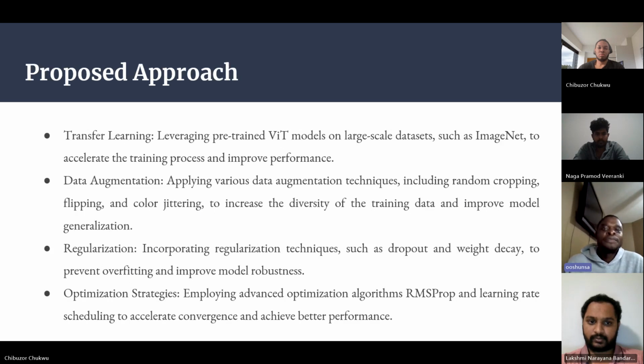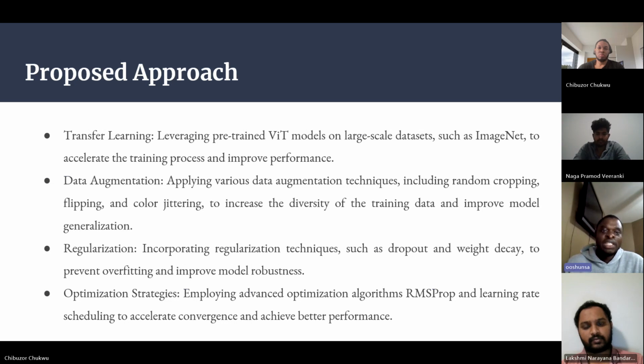Then I go to the third one, which is the proposed approach. It involves several key steps to enable effective transmission and interpretation of data. We have transfer learning and data augmentation, where we apply various data augmentation techniques, including random cropping, flipping, and color jittering to increase the diversity of the training data.